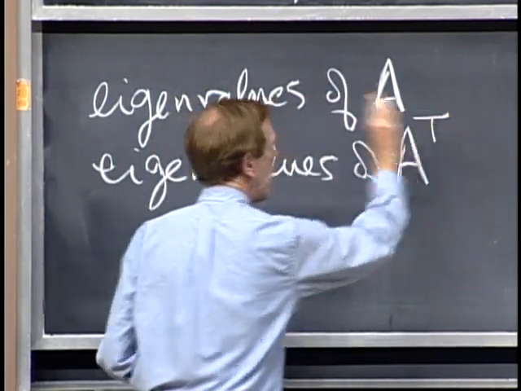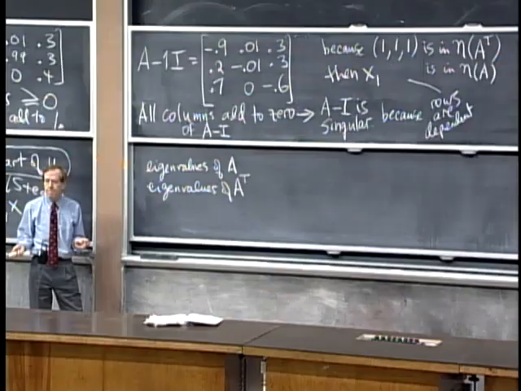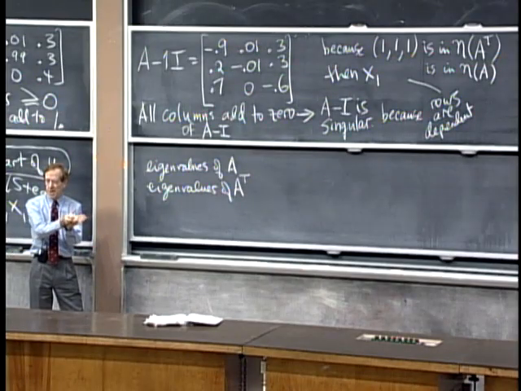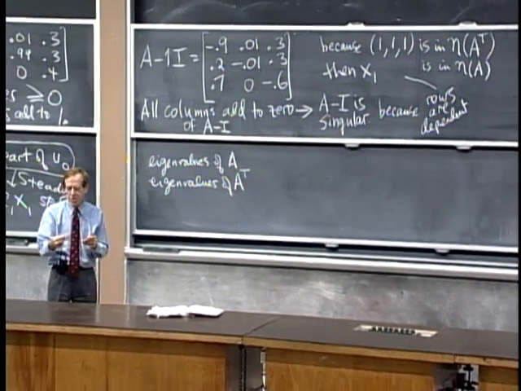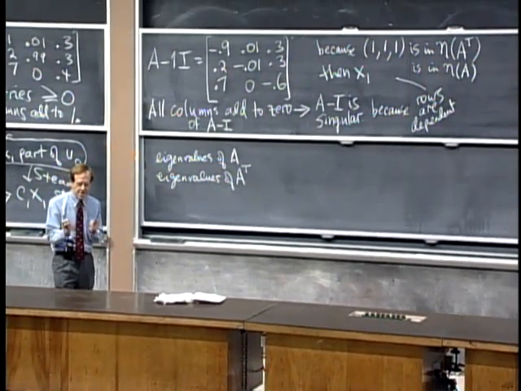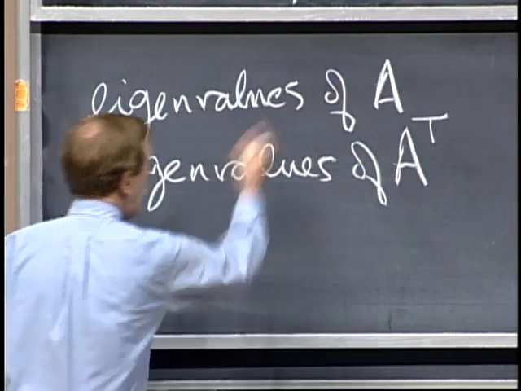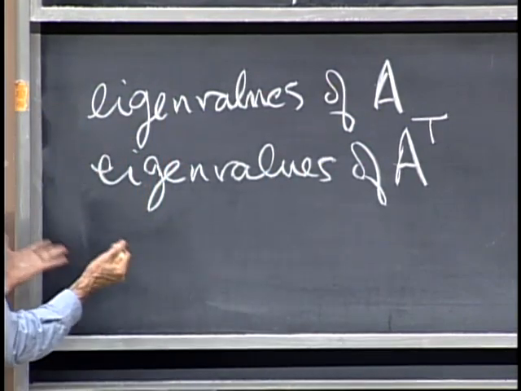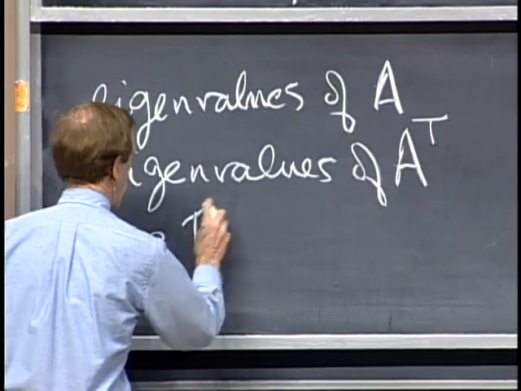They're the same. So this is a little comment. It's useful since eigenvalues are generally not easy to find. It's always useful to know some cases where you've got them. And this is, if you know the eigenvalues of A, then you know the eigenvalues of A transpose. Eigenvalues of A transpose are the same.